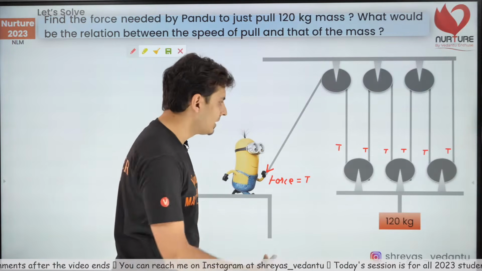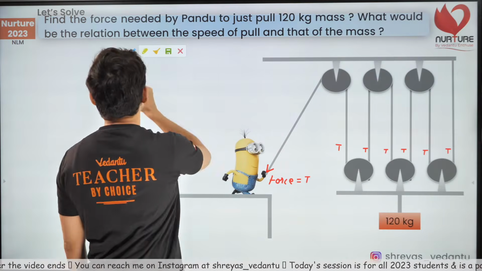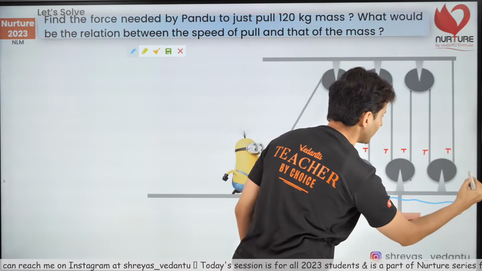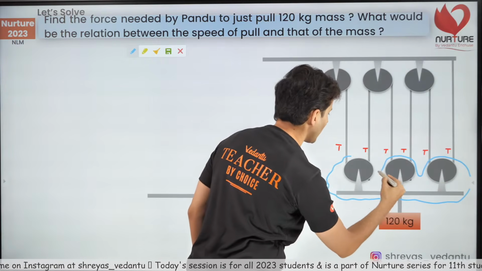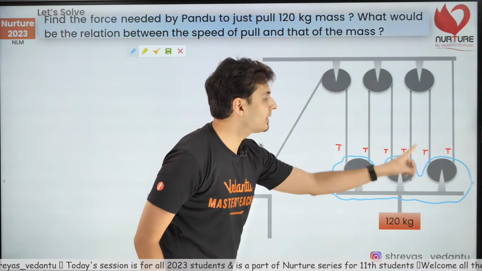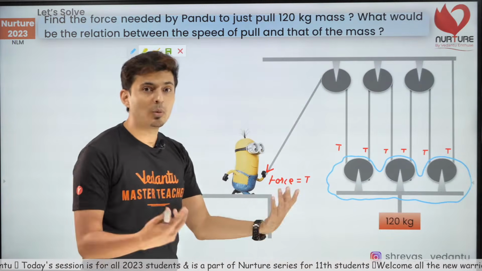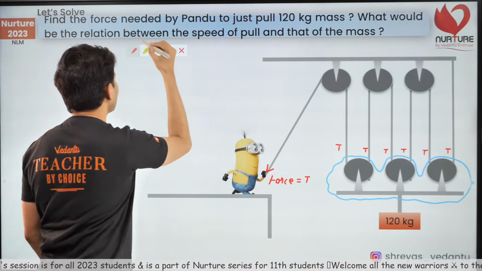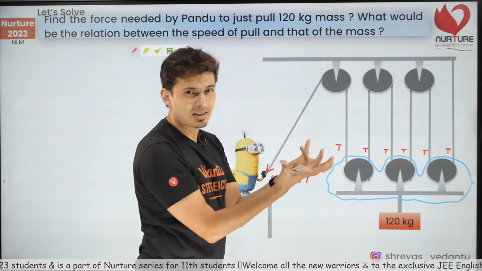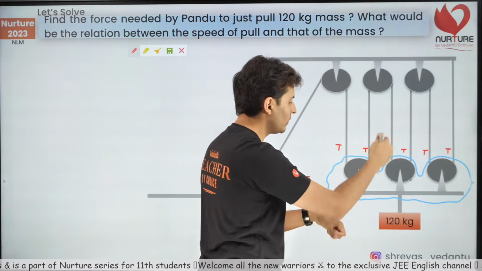Now, if there are 6, just observe this system over here. Okay, this is my system. So, if there are 6 T's pulling it from the top, how much T will pull from below? Obviously 6T again. If there are 6 T's pulling from the top, this is a massless pulley, light pulley, so the net force should be 0.